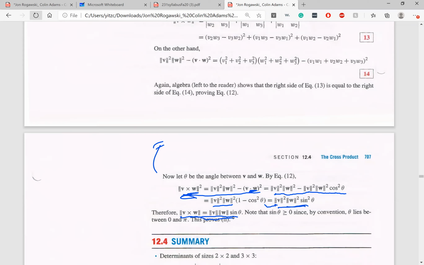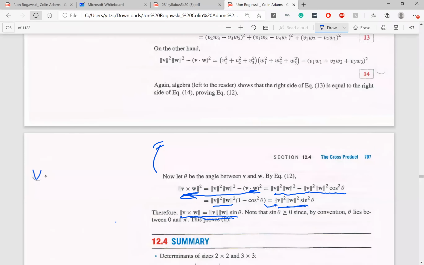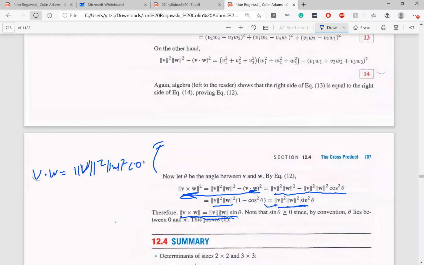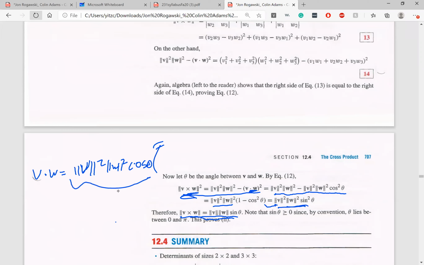In fact, this formula comes from the formula we spoke about with the dot product, that v dotted with w is equal to the magnitude of v times the magnitude of w times cosine of the angle between them. And like I said, this formula comes from the law of cosines. So all these formulas basically go back to the law of cosines.